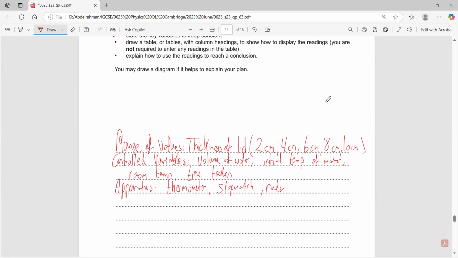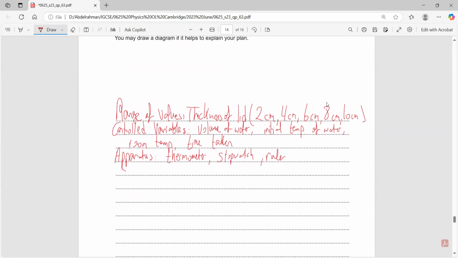Okay, how can I conduct this experiment? So, you need to add water to the beaker. Add the lid. Leave the water for a fixed amount of time.